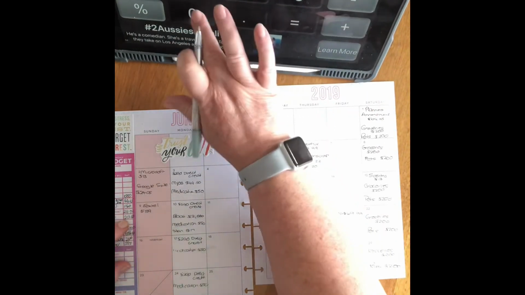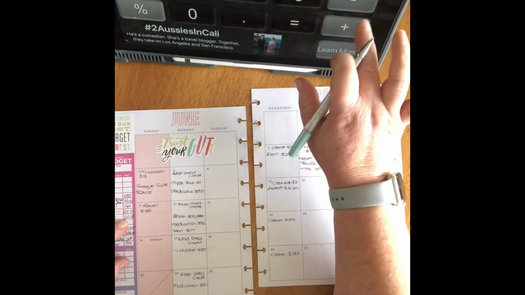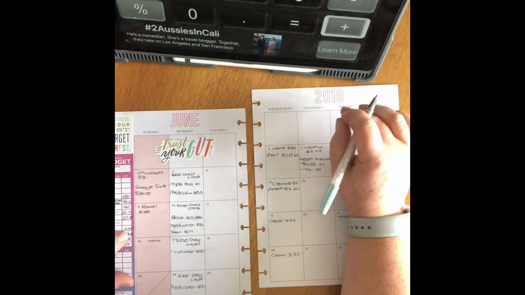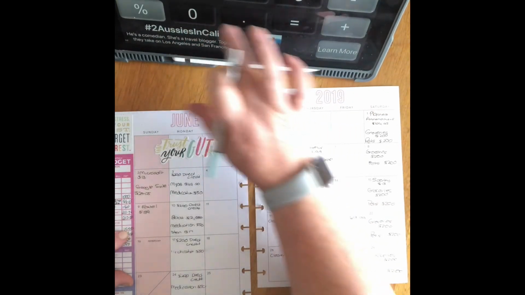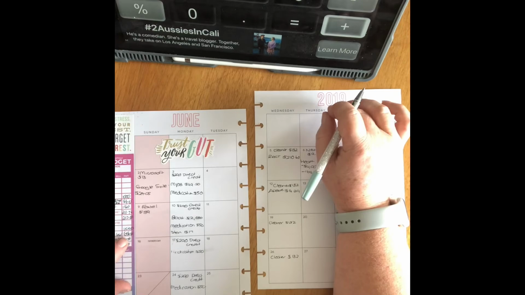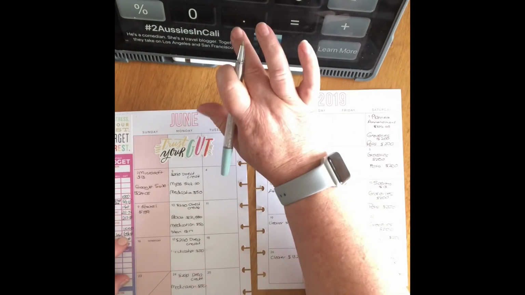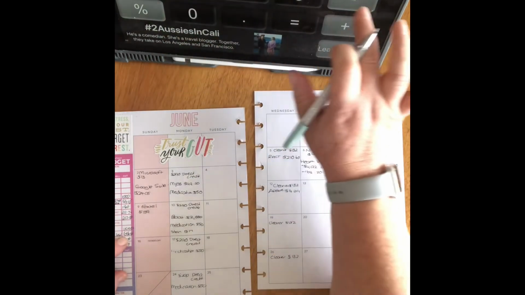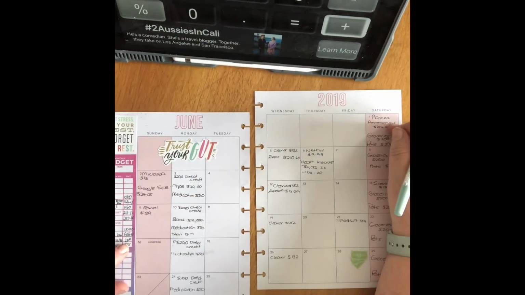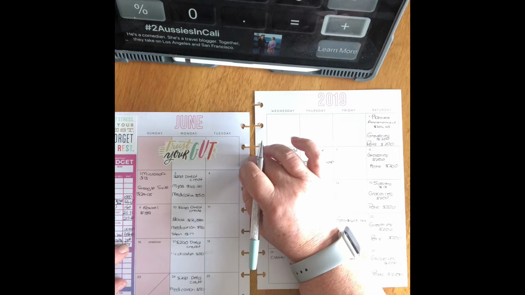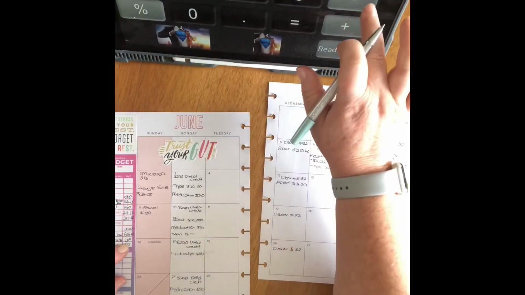Insurance, $210.60. Pets, 1,000. Health insurance, $656.41. Medication is 200.